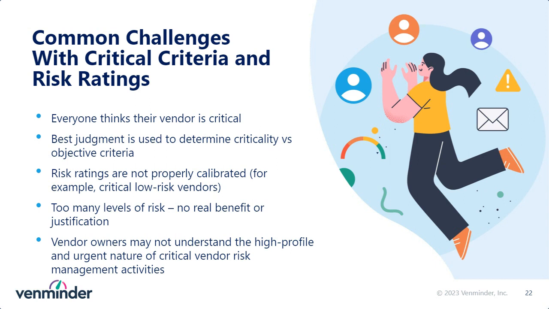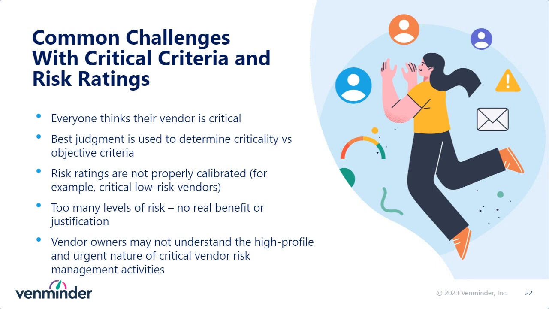So that is a big point of contention in many instances: everyone thinks their vendor is critical. The other big issue is that people are using their best judgment to determine criticality versus fixed criteria. There's no consistency of standard. So we end up possibly missing vendors that are critical or mislabeling vendors that are not.